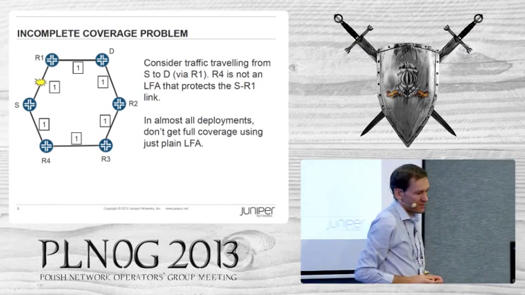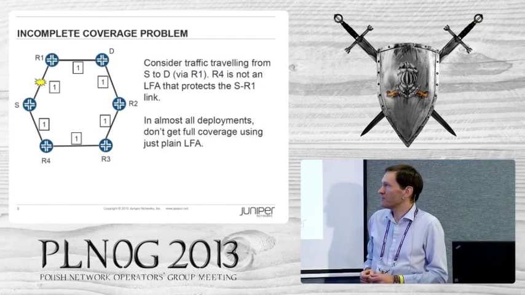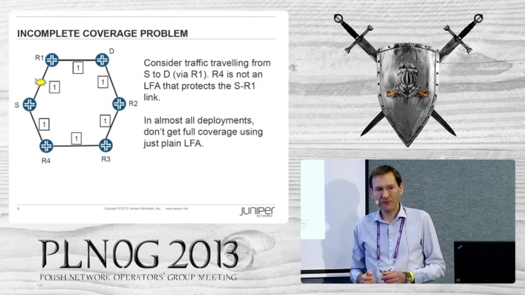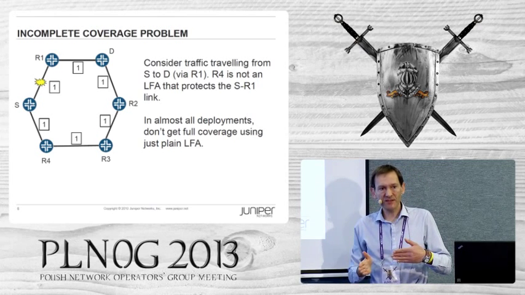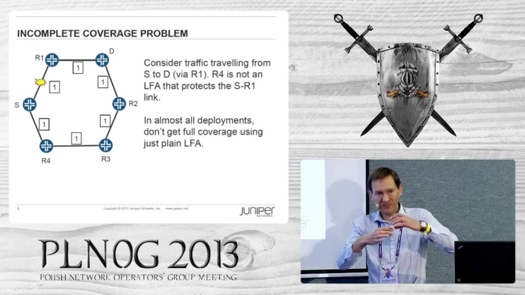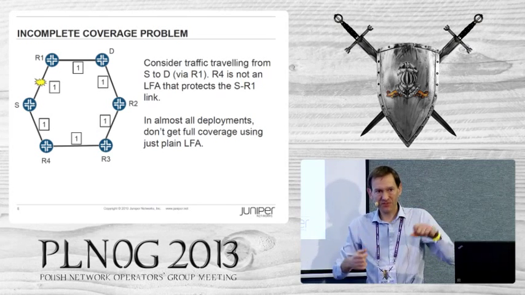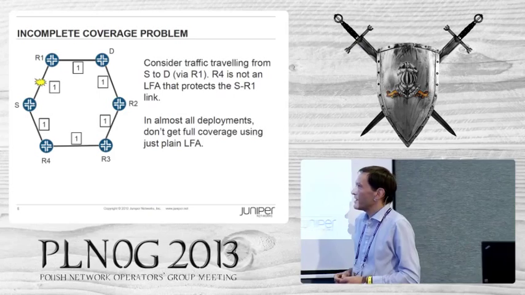Now if you look at this slide, you can see one of the problems that happens with loop-free alternates. Often people have small rings in their networks. There might be interconnected rings with perhaps 4 or 5 routers on each of the rings.